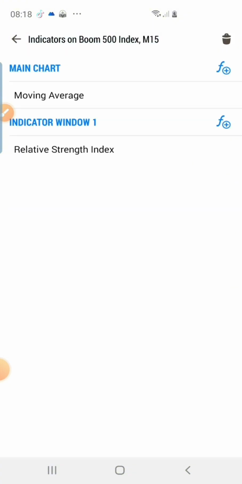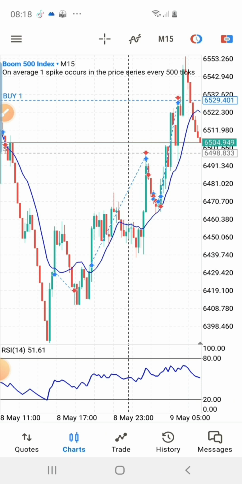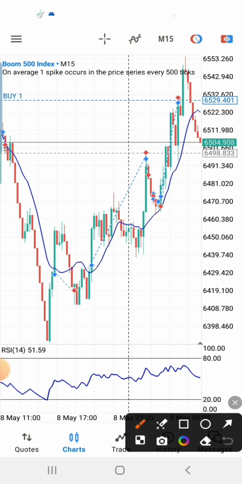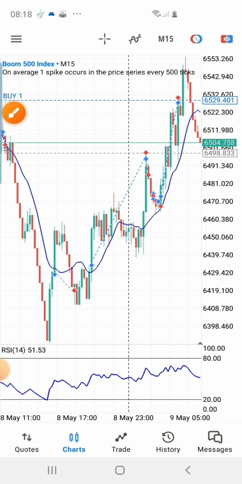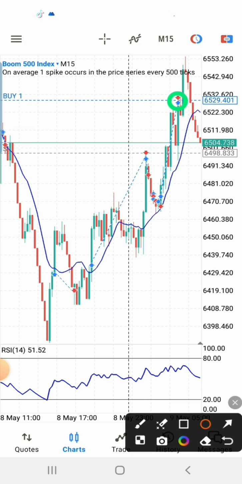So if you set up this indicator, first of all, you have to make sure that you wait for the price to cross above this. That's why I turn on this history, so that you will see the exact place I made my entry. You can see all the places I made my entry. The price is above this. You can see I have my entries here, entries here, this one too.